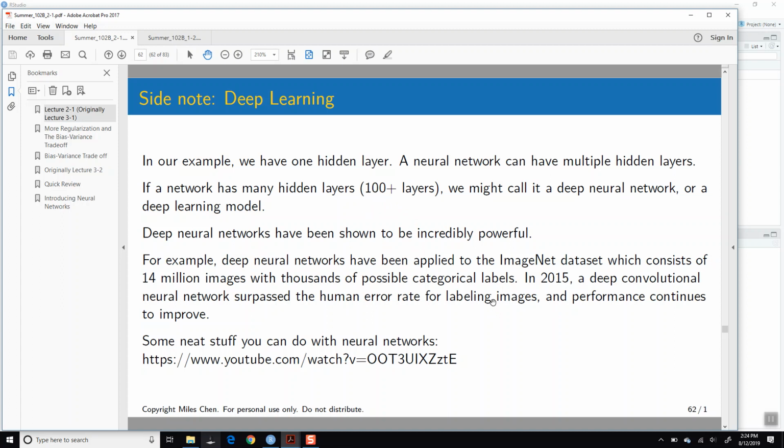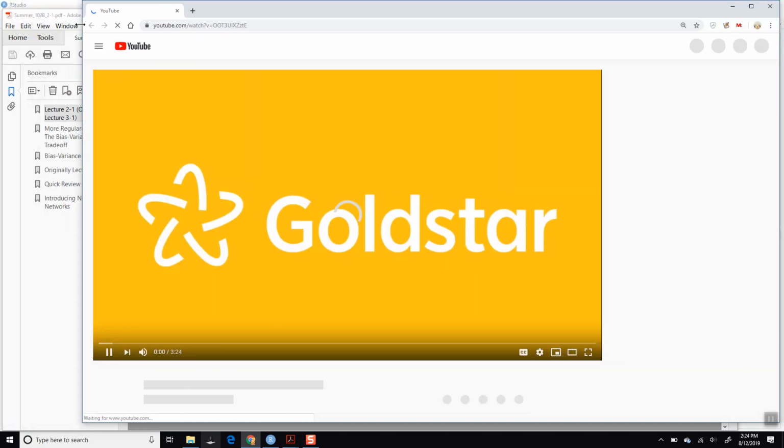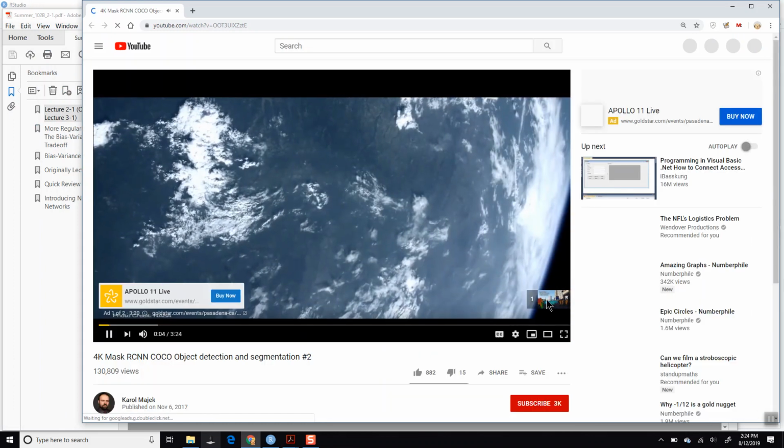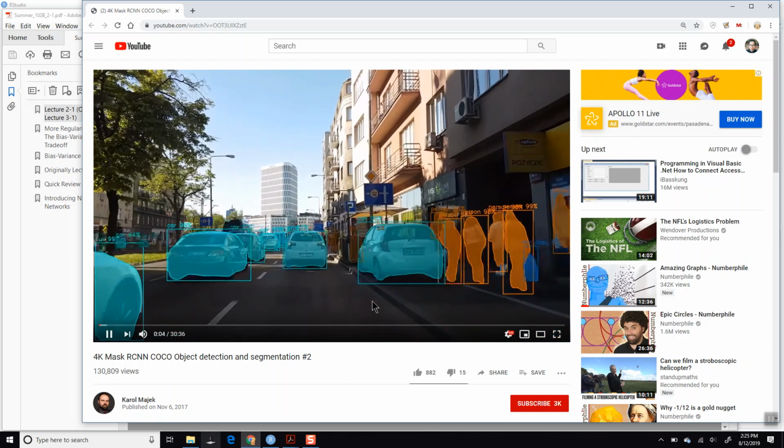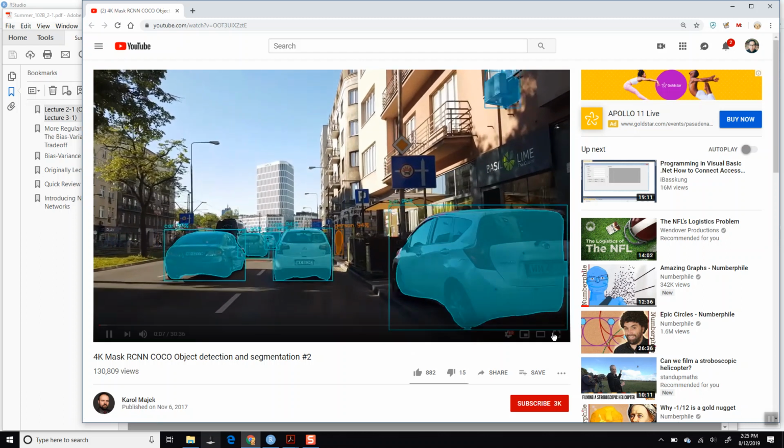The ImageNet data set has done this, and we'll watch this video because it's cool. It has nothing to do with what we're learning other than it uses a neural network. Basically, this is a real-time usage of a neural network. It's a car driving down the street, identifying things that it sees.